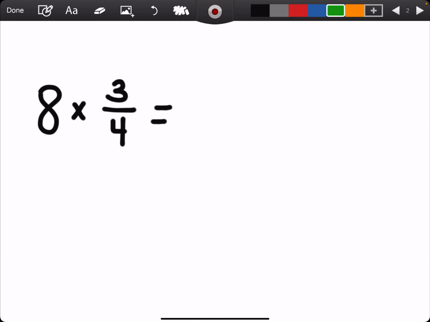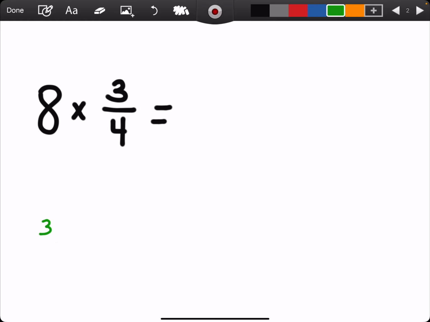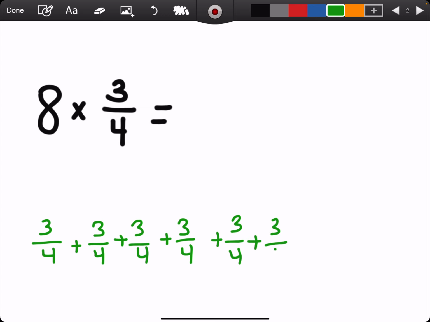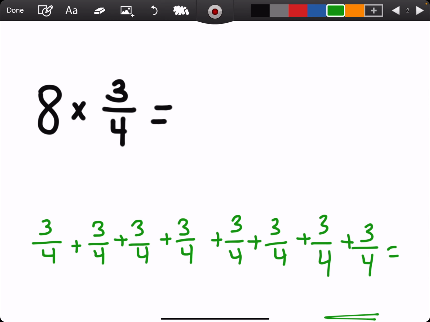Now 8 times 3/4, right? I know I could do 3/4 plus 3/4 plus 3/4 plus 3/4 plus 3/4 plus 3/4 plus 3/4 plus 3/4, because that's 3/4 8 times. I apologize, I swiped across on the screen.